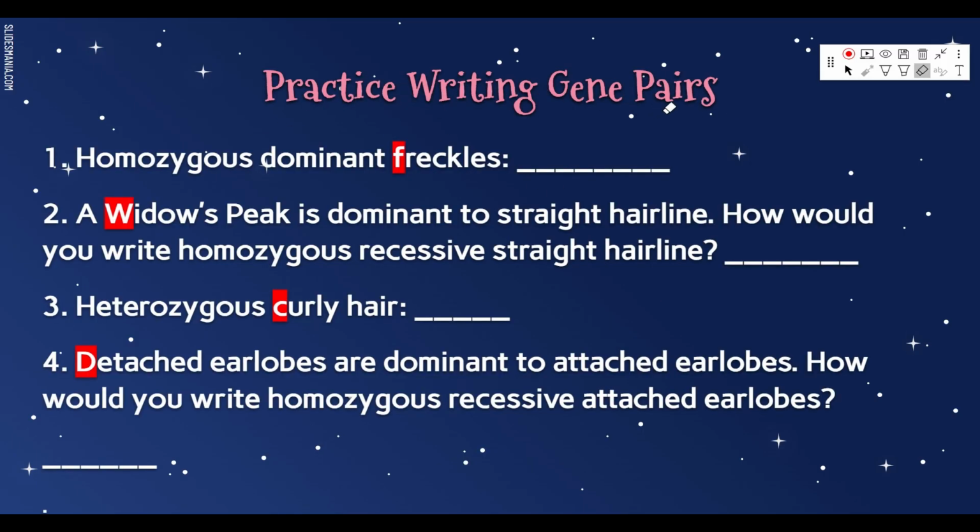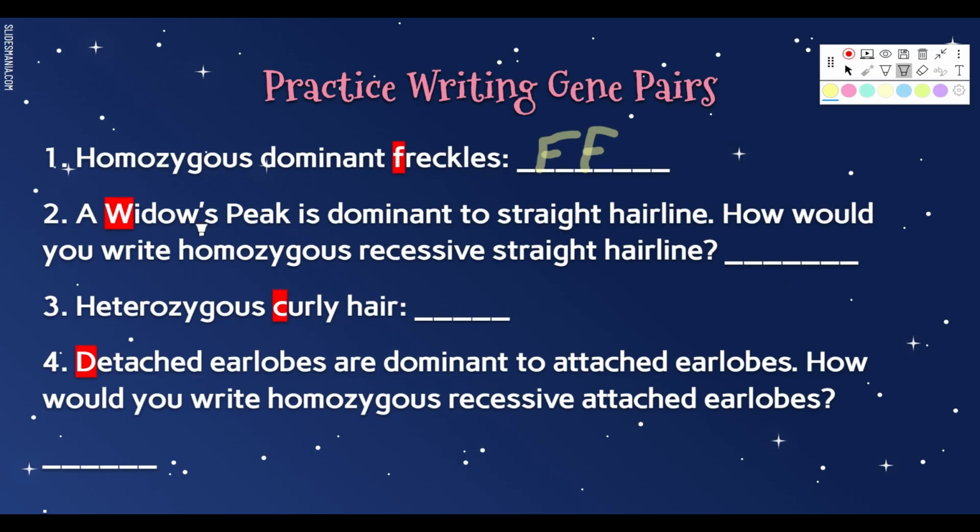All right, so practice writing gene pairs. So homozygous dominant freckles. If you're talking about homozygous dominant, the F right there is highlighted, so we're going to go with the F. Homozygous dominant just means, let me put this right here, homozygous dominant. Homo means same, dominant means capital letters. So it just means you would have two capital letters.